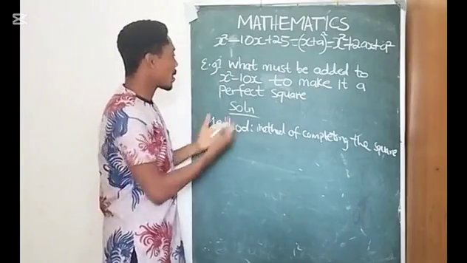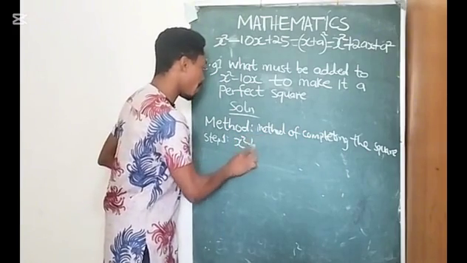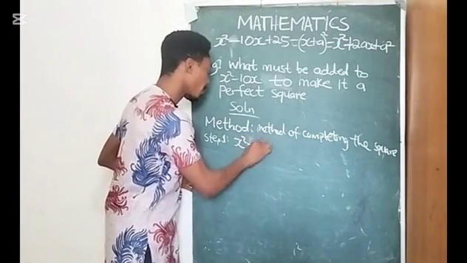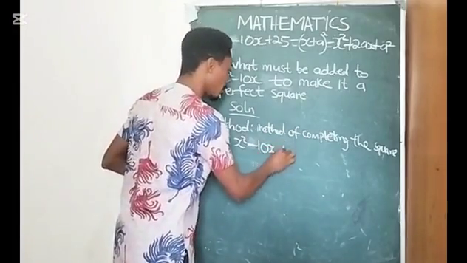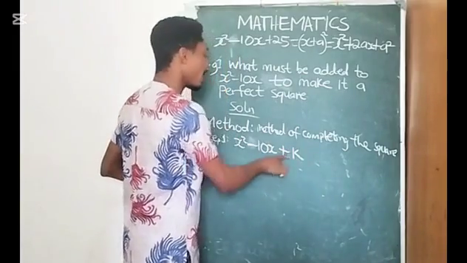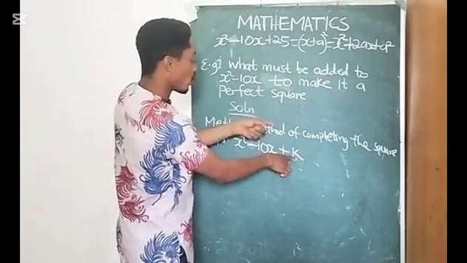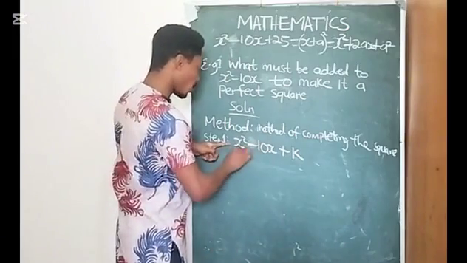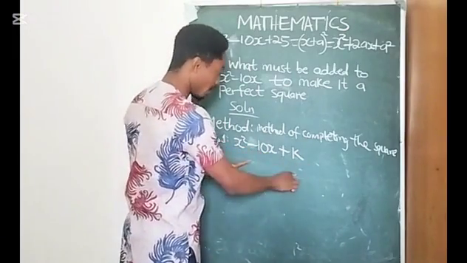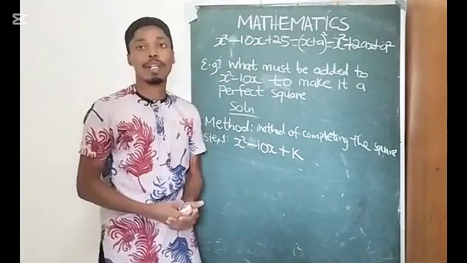The first step is already accomplished: this is x squared minus 10x plus k. Now k is what we will add to make it a perfect square. If I divide all through by 1, it's still going to give me that expression.